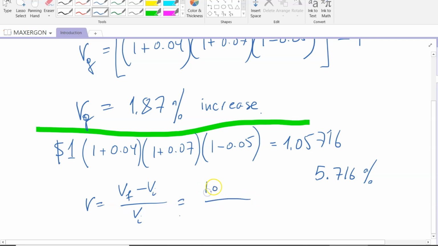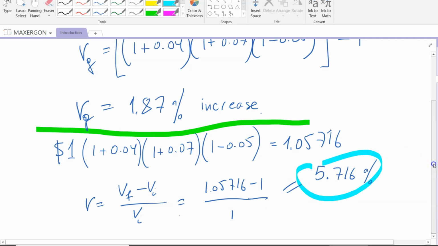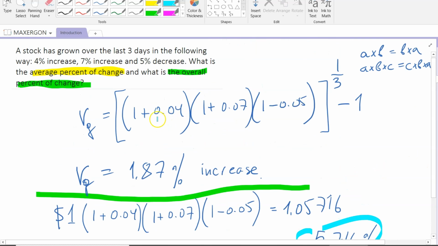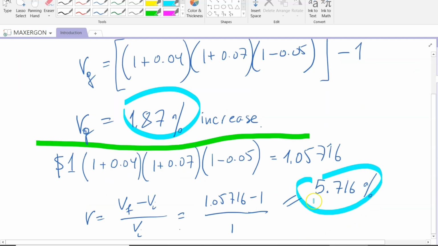Final value is 1.05716 minus 1 divided by 1. Of course, that results in the same answer. Here we go. In this problem, the average percent of change is 1.87%, and total percent of change is 5.716%.